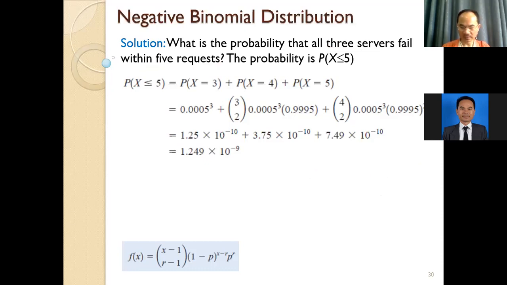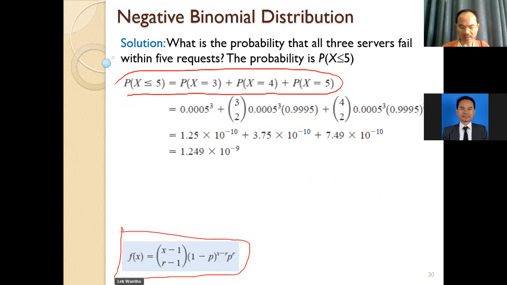The minimum is 3. For this case, you can calculate by the negative binomial formula: C(X minus 1, R minus 1) times (1 minus P) to the power X minus R, times P to the power R. For X equal to 3, it is C(3 minus 1, 3 minus 1), which is equal to 1.